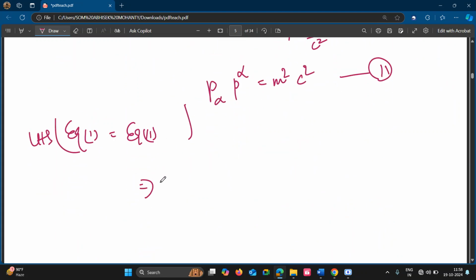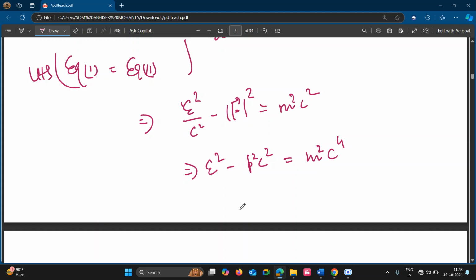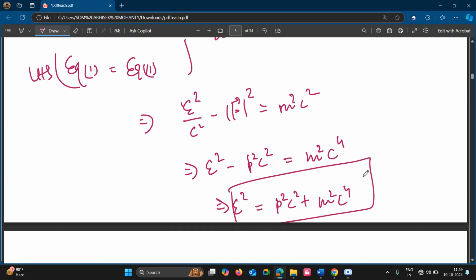So E square by C square minus P square is equal to m square C square. From that, E square minus P square C square is equal to m square C fourth. Isn't it a familiar equation? E square is equal to P square C square plus m square C fourth.